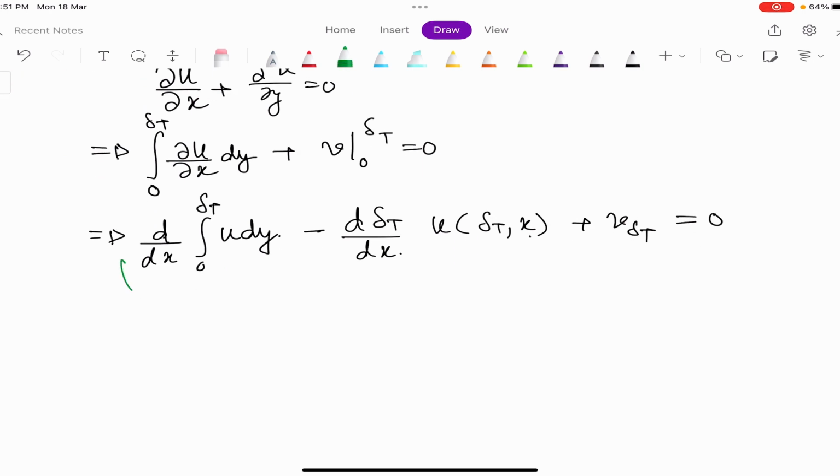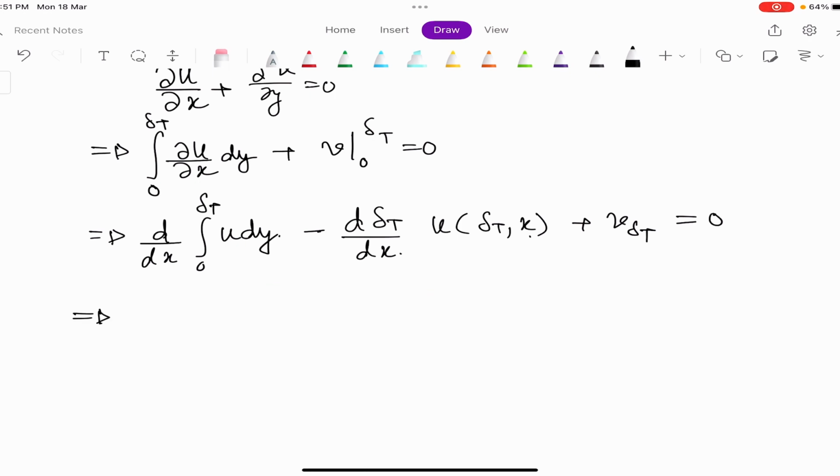I have written this step from the Leibniz rule. I have already worked with the Leibniz rule several times, because I applied it in the momentum integral equation. That is why I am not elaborating each step again.